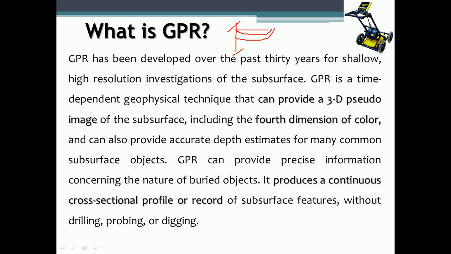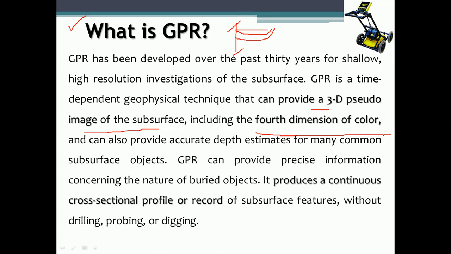To know that, this is one of the best methods we can adopt to evaluate the pavement surface. It gives us a 3D image of the subsurface, and along with that it gives a fourth dimension colored image. I will show you how we get the images using this GPR method.